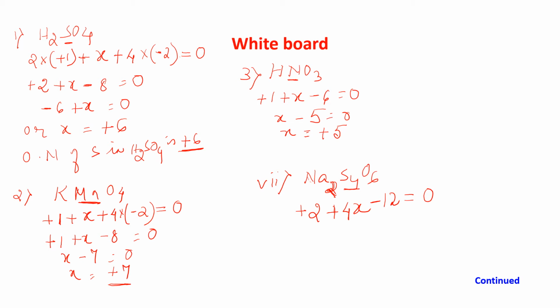Now -12 plus 2 will be -10, plus 4x is equal to 0, or 4x is equal to +10.